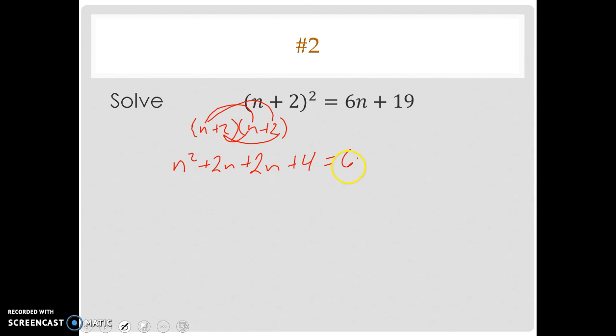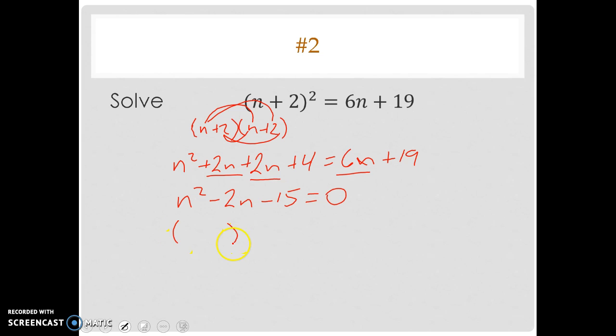And that equals 6n plus 19. And so I have my n squared, but then 2n plus 2n is 4n. If I subtract 6n from both sides, I'll have negative 2n. And then if I subtract 19 from both sides, 4 minus 19 is negative 15. And now this will be equal to 0.